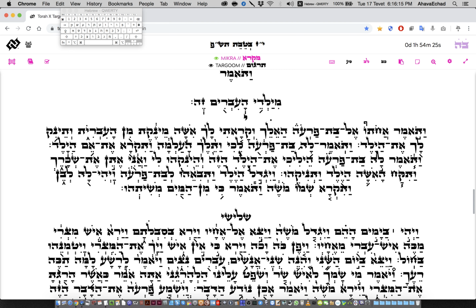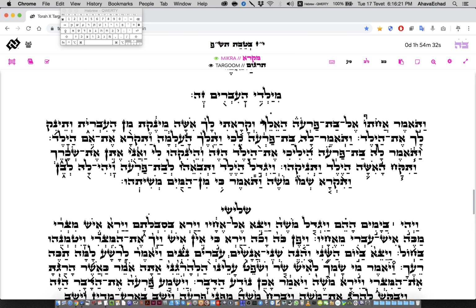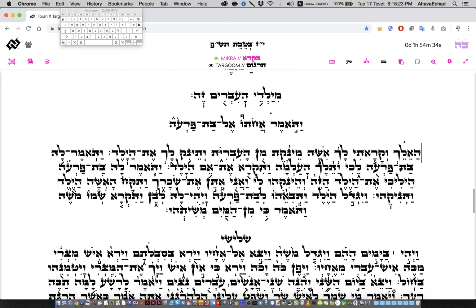This is a child from the other side, unlike us who practice all of those things. Chas v'shalom. Vatomer achoto el bat Paro, and says his sister to the daughter of Paro.